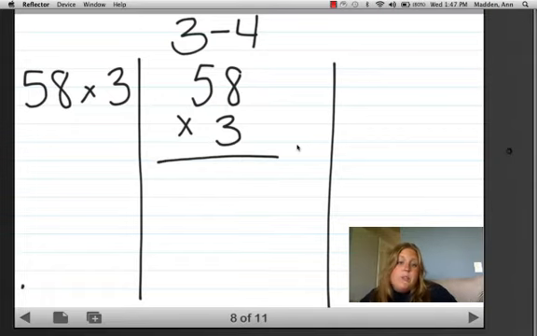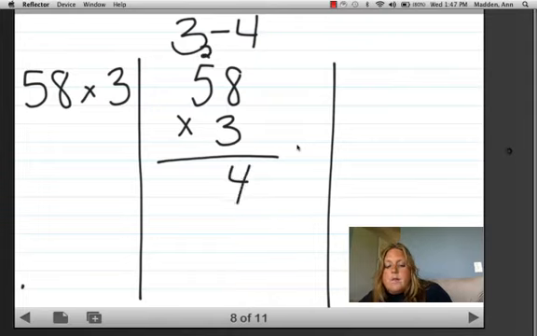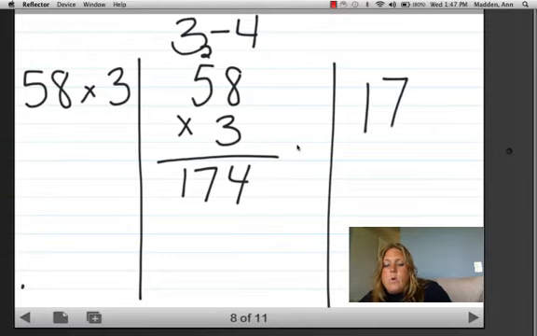What I want you to do is pause, work it out, and then press play again to see if you had it correct. 8 times 4 is 24. 3 times 5 is 15, plus 2 is 17. So my answer goes over here at the end, 174.